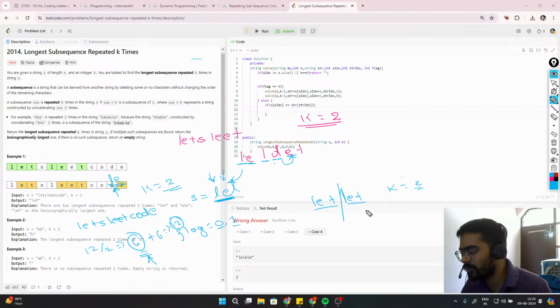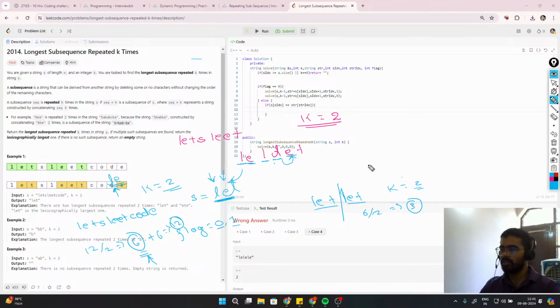So total length by 2, that is 3. What's the insight that we can take from here? It will not go more than that, so I have to go till that index length only.